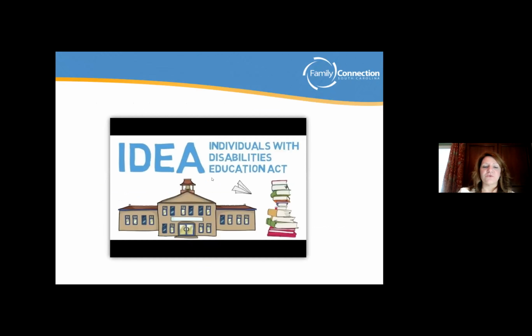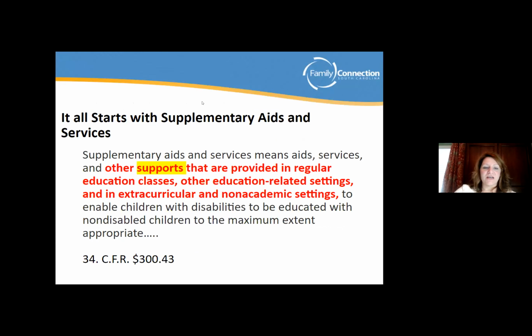So we know the basis for all the information we're going through today is the Individuals with Disabilities Education Act. So I'll share with you where those code references are. Those are listed at the bottom of your slide. So it all starts with supplementary aids and services, and understanding that definition is a good basis for our training today to jump off.